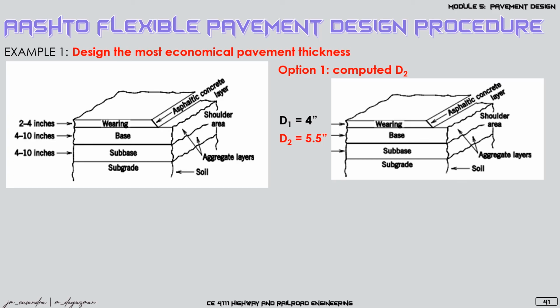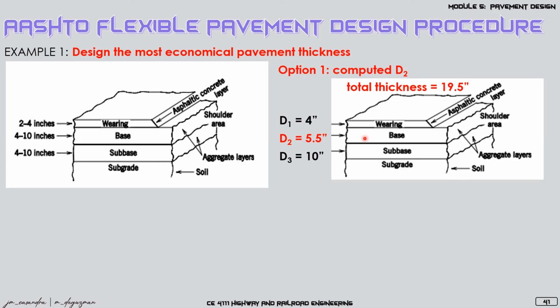The given in the problem is 4 inches. D3 is 10 inches. So D1 and D3 are from the problem. D2 is our computed value. If we add up the thickness, the total thickness now is 19.5 inches.